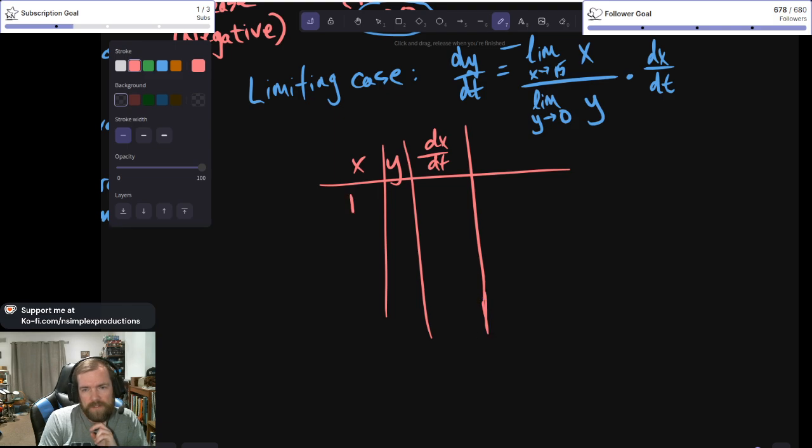So this is like 14. This would be the square root of 196 from 225, which is going to be, what, 29? And then we're still going to have problems here because we don't actually know what dx dt is going to be.